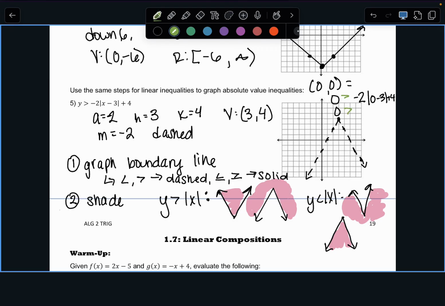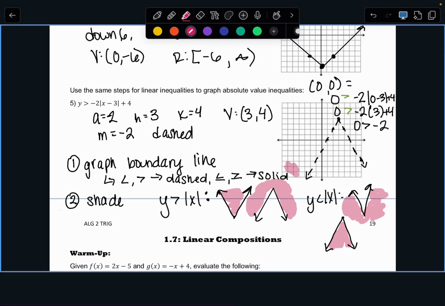Here's 0, maybe greater than. What's 0 minus 3? -3. What's the absolute value of -3? 3. So I'm just taking it a little piece by piece. And then we can kind of figure it out. What's -2 times 3? -6 plus 4. -2. Is 0 greater than -2?